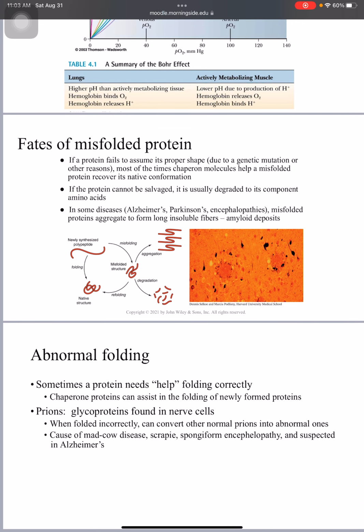Prions are glycoproteins that are commonly found in nerve cells, and they're also what we call chaperone proteins. They're kind of unique. As new prions are made, existing prions help to get these new prions folded in the correct shape, right?